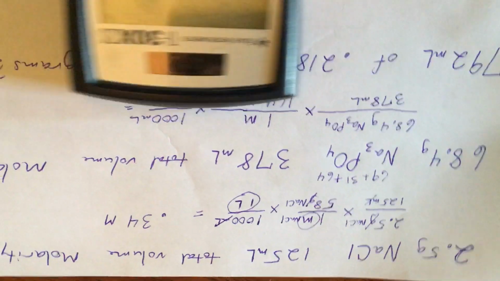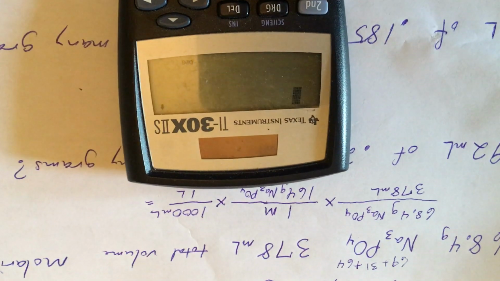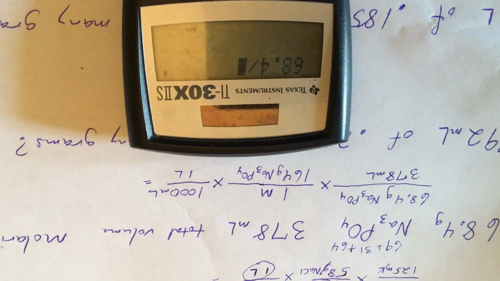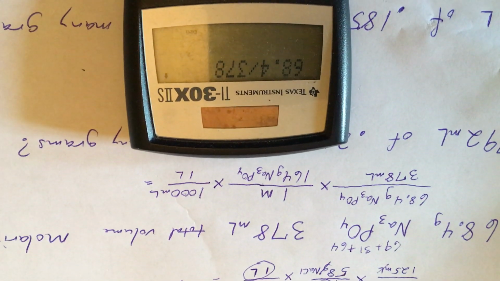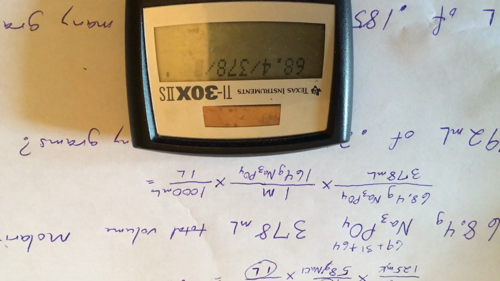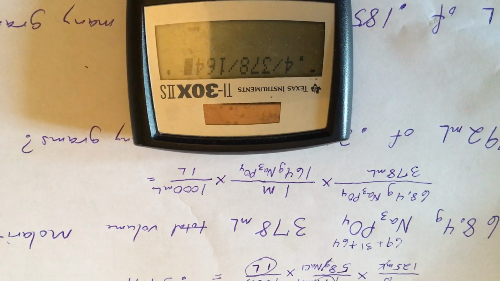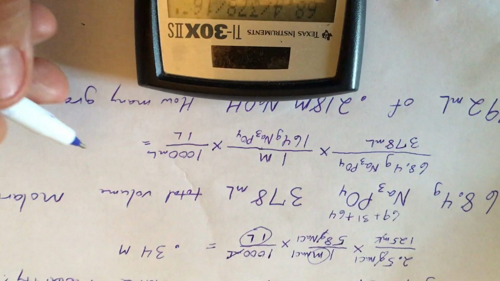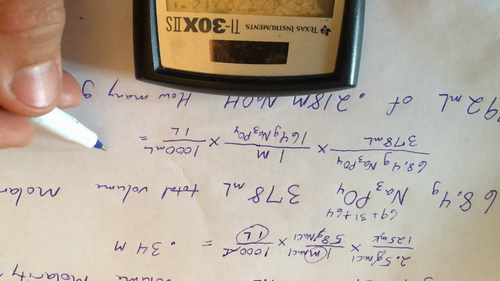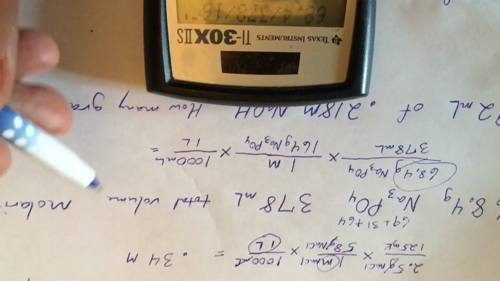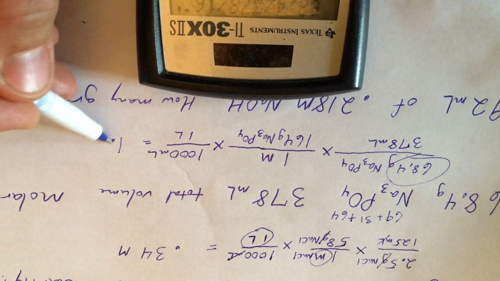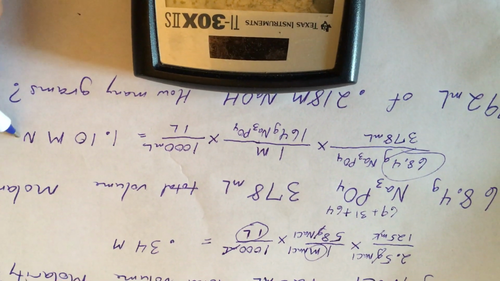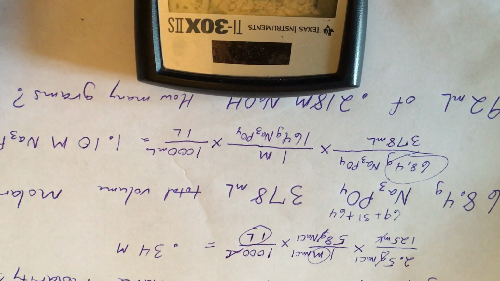We're going to go 68.4 divided by 378 divided by 164 times 1,000. And we are dealing with a molarity of... I got 3 sig figs here, so I'm going to go 3 in my answer. Let's go 1.10 molar solution of sodium phosphate.